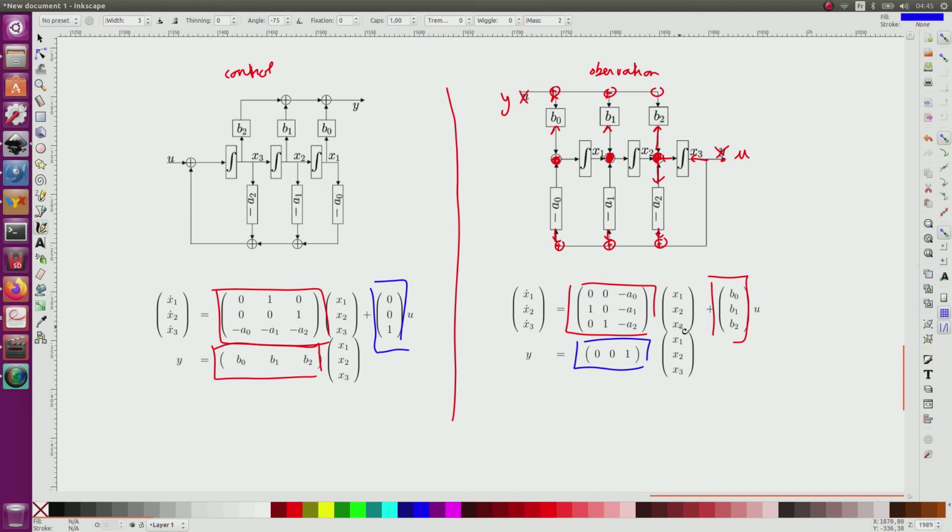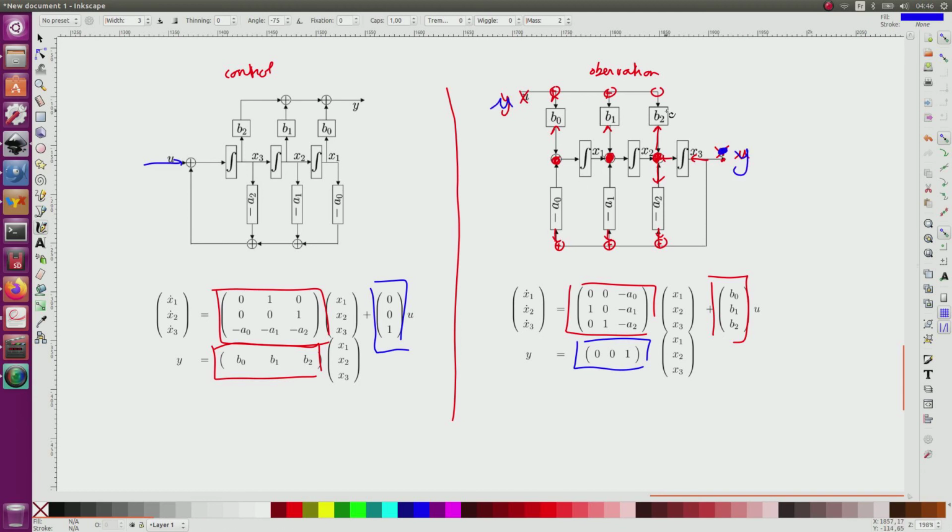So I can see here that I have a duality between the two representations. One is called control because U goes directly to the chain, so I can control it directly. And this one, so I have to remove, of course, I have to put Y here and U here.